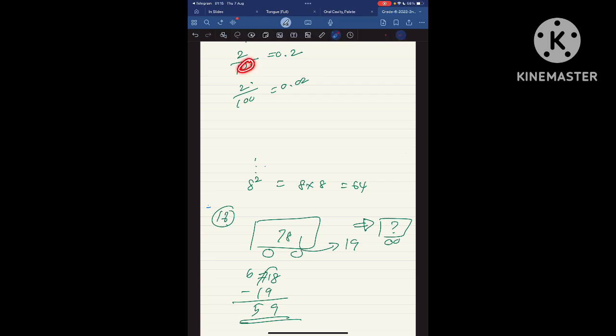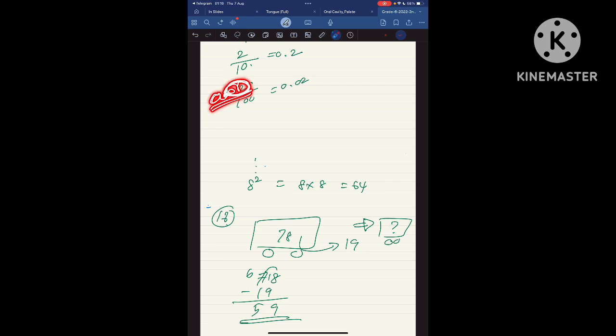Depending on the number of zeros, you have to keep the decimal point. With 2 over 10, you keep the decimal point here, then it is 0.2. If you have divided by 100, you have to put the decimal point after 2 numbers, which means 0.02. Do you see 02 here?